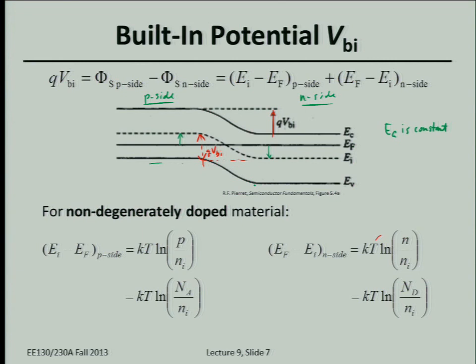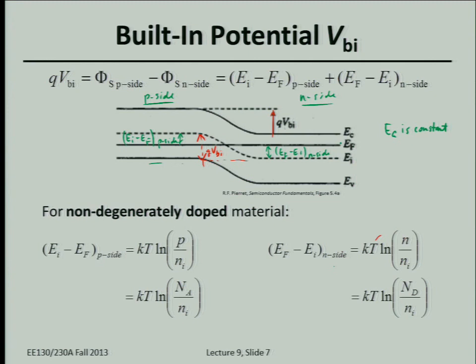Now on the P side, you have this familiar equation that relates that green arrow, EI minus EF on the P side, and you have a familiar equation for the N side relating EF minus EI to the carrier concentration, which we assume is equal to the dopant concentration.